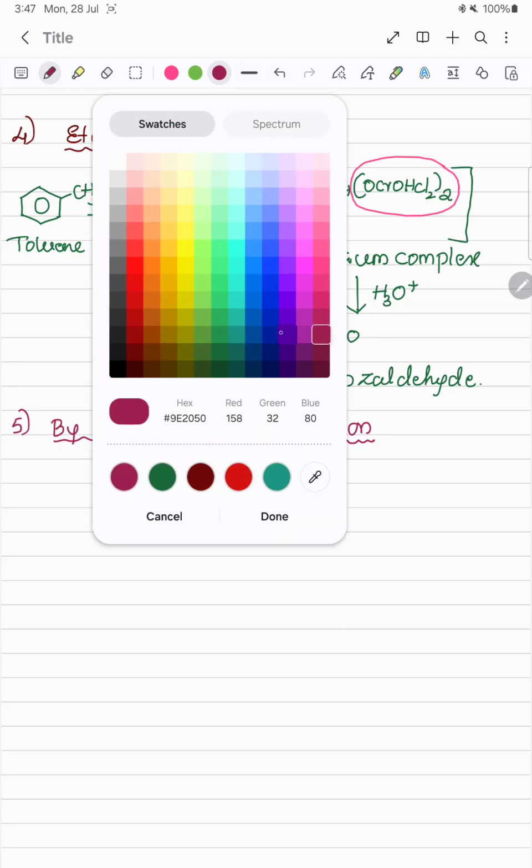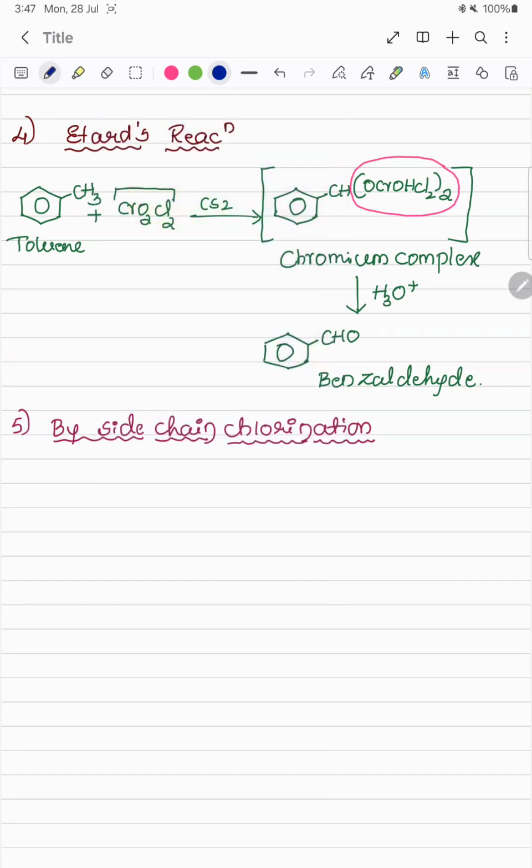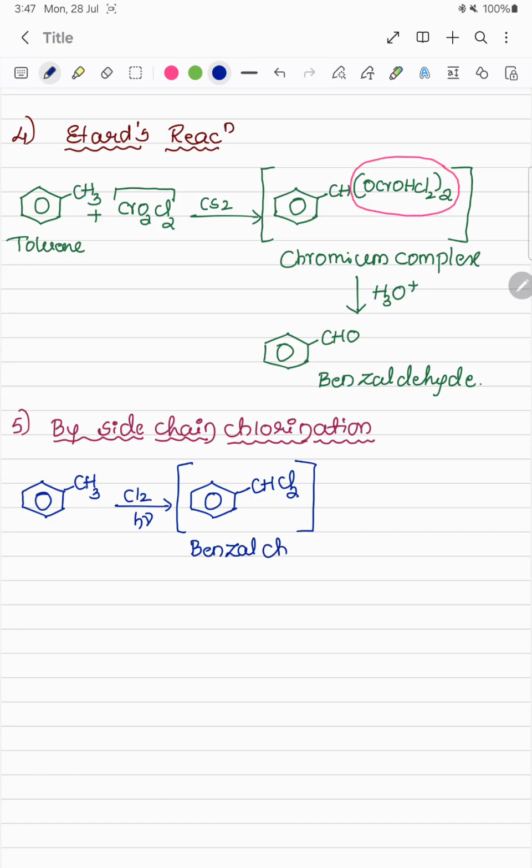So here what will happen, same toluene we take, benzene with CH3. This is chlorinated by using Cl2 in presence of light. So as usual, out of CH3, 2 hydrogens will be replaced by 2 chlorines. You'll be getting benzene with CHCl2. This is called benzal chloride.